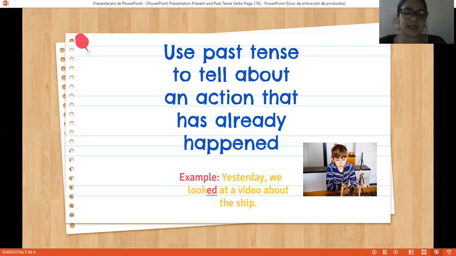And it's basically telling us that they looked at a ship, probably in school, but they're talking about an action. The verb here is looked, and you see there the ed is underlined. I can give you more examples, I'm sorry, of this ed past tense verb. For example, you can say, we washed the car on Monday.